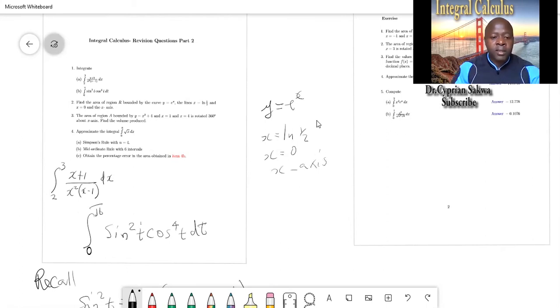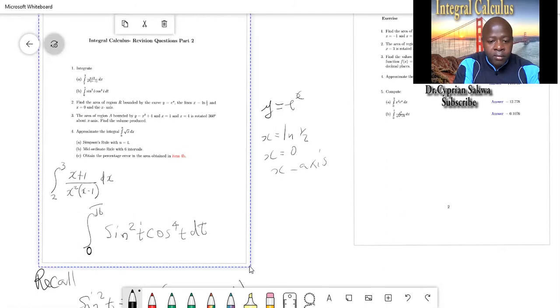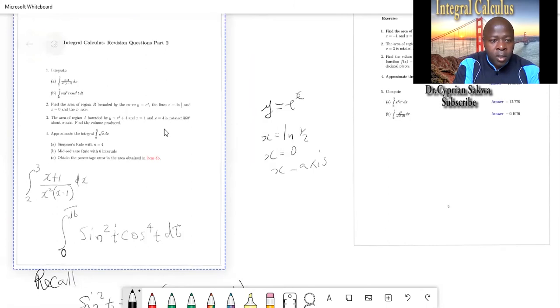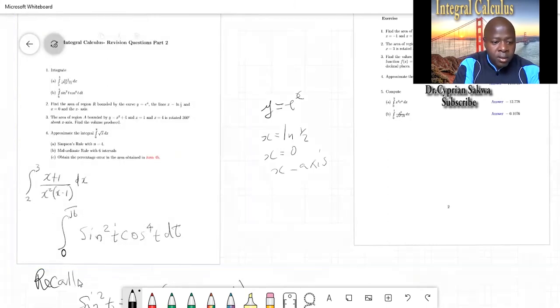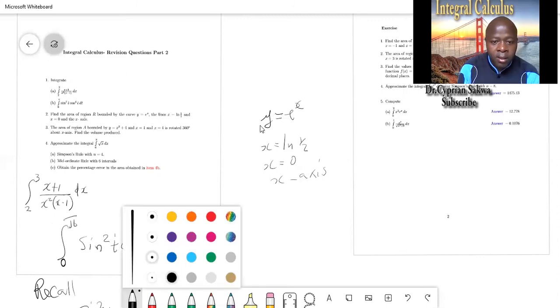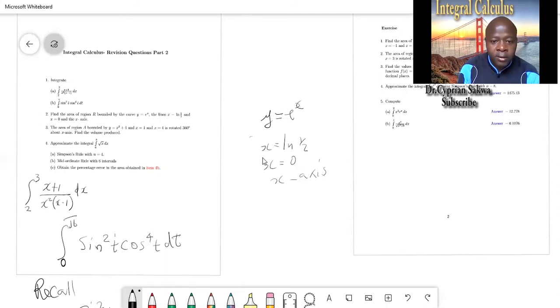So we need to find the area bounded by those. I'm trying to enlarge this, but it seems it's not enlarging itself. But that is the question. We need the area of region R, which is bounded by this curve and these lines.